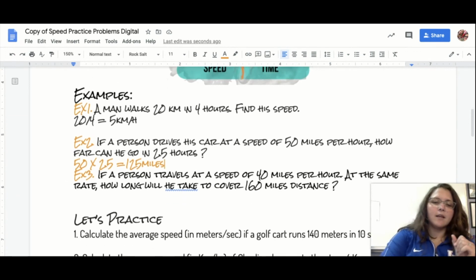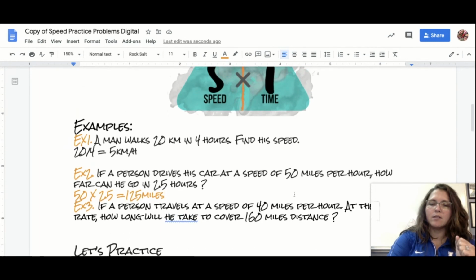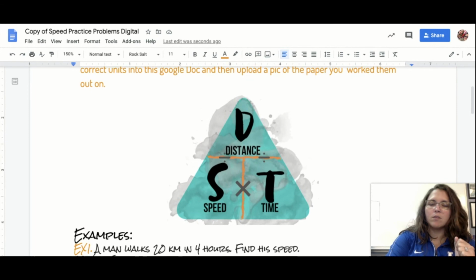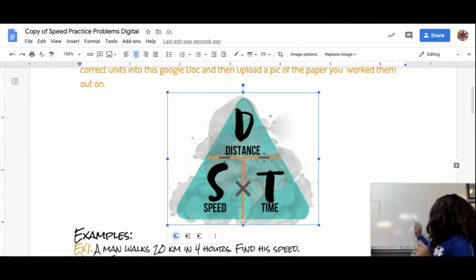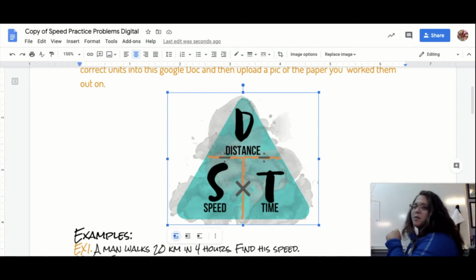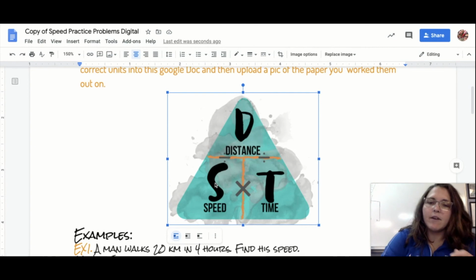All right, last example, and this one says if a person travels at a speed of 40 miles per hour at the same rate, how long will he take to cover 160 miles distance? So we're looking for how long something would take. So we're looking at time. If I cover up the T, I am left with D over S, or distance divided by speed.